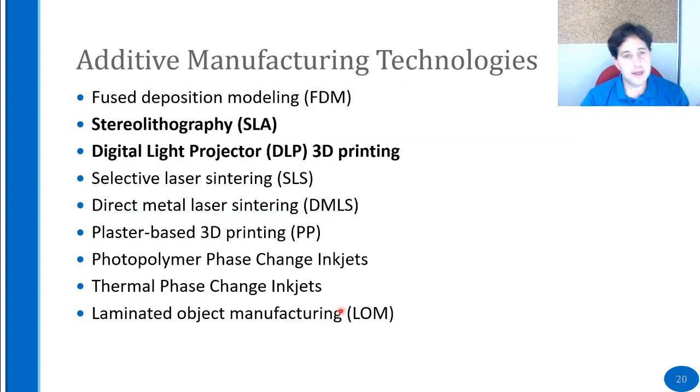All right. Another technology which is very common, and I think is becoming even more popular lately for end users and low to mid-end machines is, well, I combine them, but they're very similar, SLA and DLP, or stereolithography and digital light projectors. Let's look at DLP for a sec.